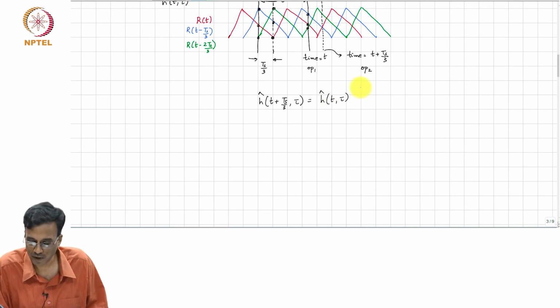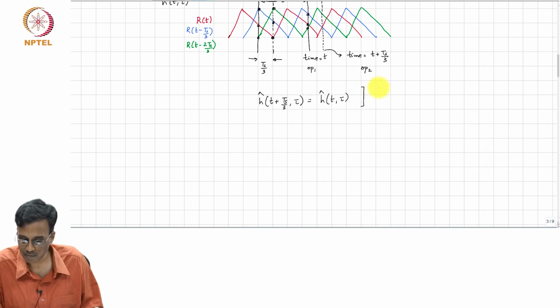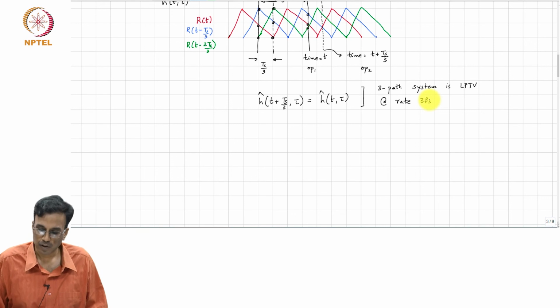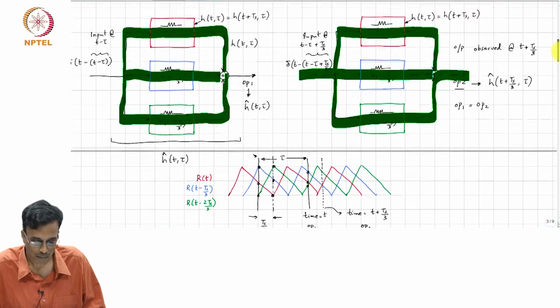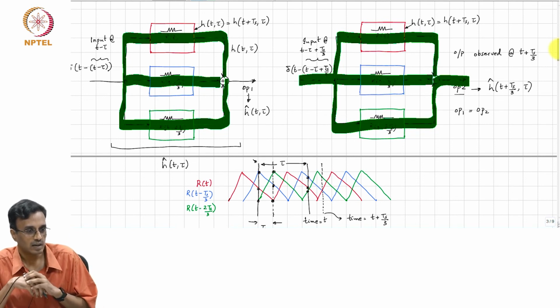And what is this saying? This is saying that this composite system, the 3-path system, is LPTV at the rate 3fs, even though each system is only varying at a rate fs.